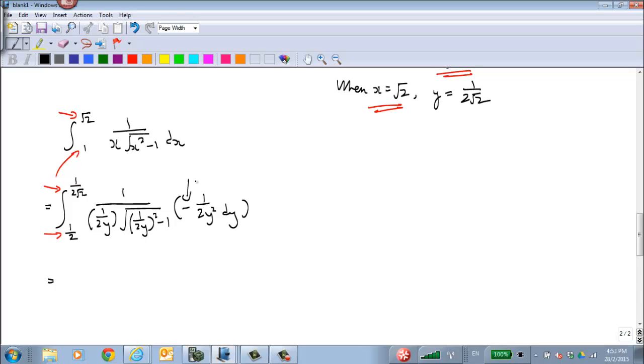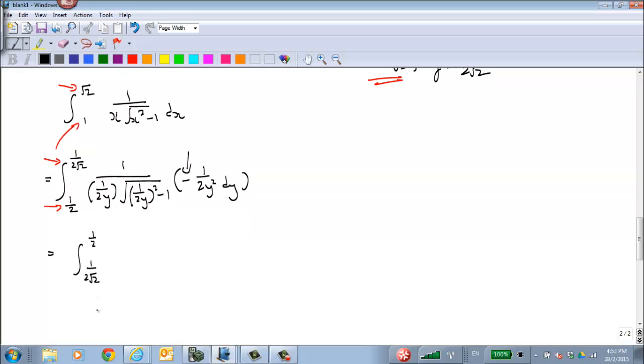So after this is done, the rest of the parts is basically just simplification. First thing first, because there's a negative sign here, I can use the negative sign to switch the limits around so that I don't need to deal with so many negative signs. Then of course I have this thing here, which is going to reciprocate up to the numerator. How am I going to settle this expression here?